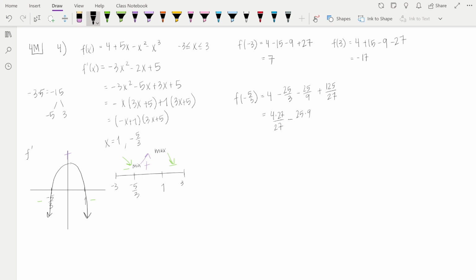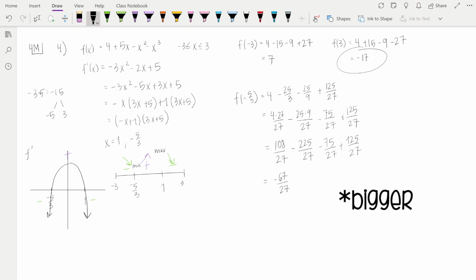Adding these without a calculator is going to be annoying. This would be negative 67 over 27. I don't know the exact value of that, but it's much smaller than negative 17. In fact, you can't even get to 3. So my absolute least value that this graph reaches is negative 17.